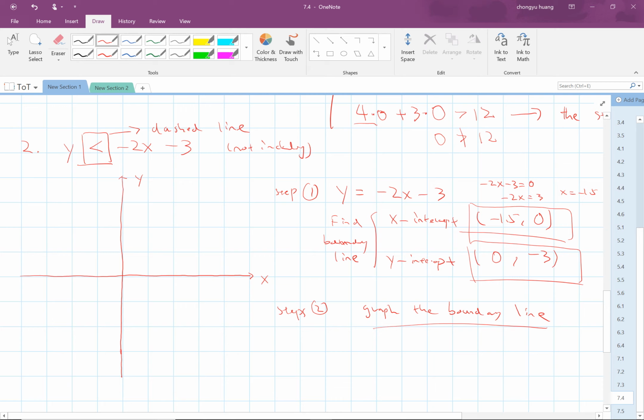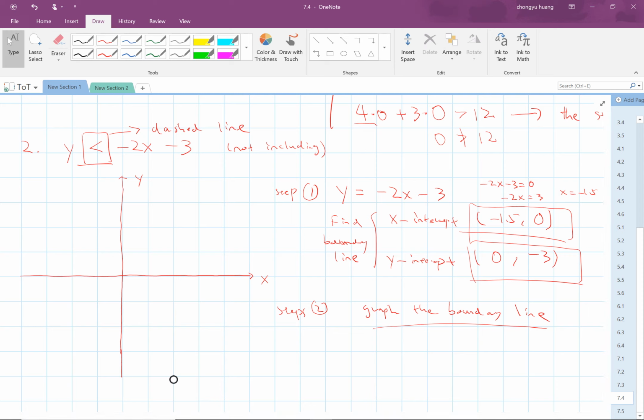Let me write it a little better. The point is not included, so you have to use a dashed line.